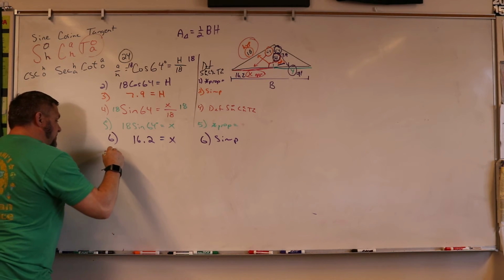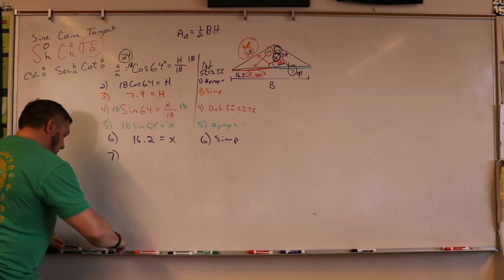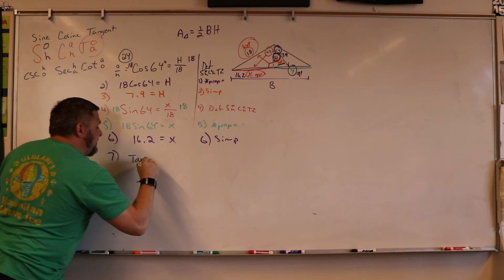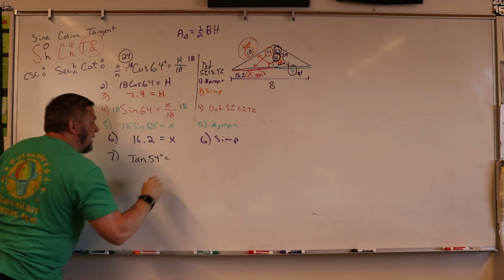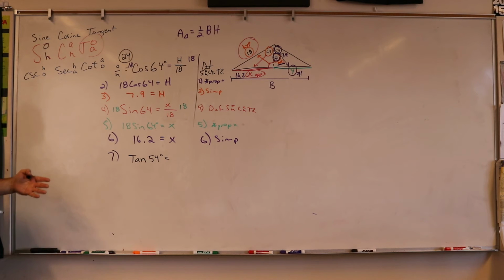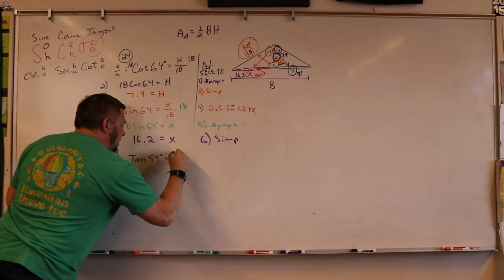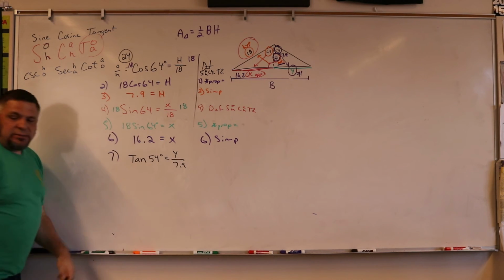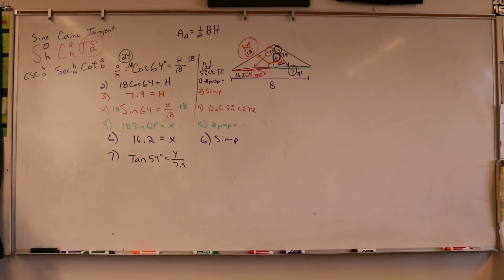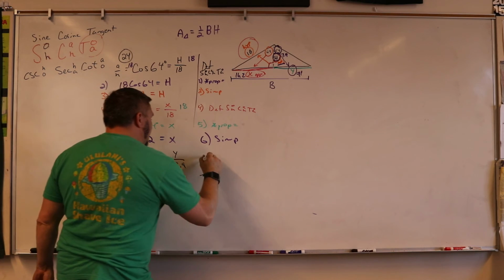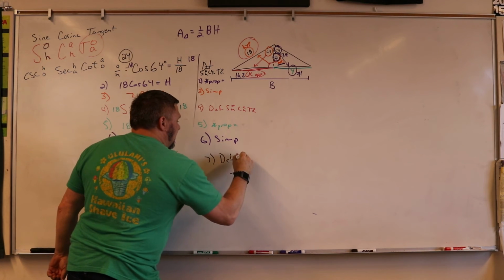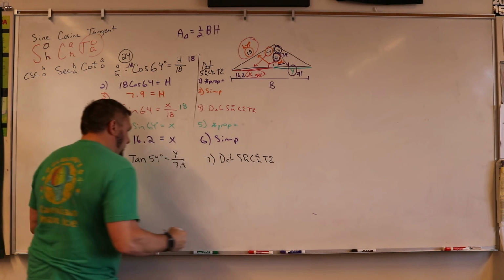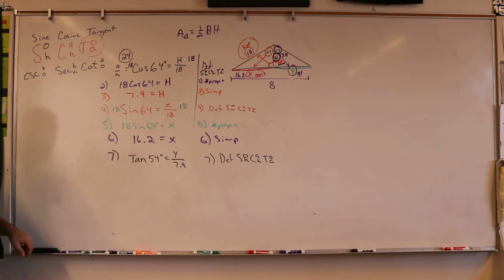Tangent. So step 7, let's use a different color. Step 7 is that the tangent of 54 degrees is equal to the opposite, which is y, over the adjacent, which is 7.9, right? Okay? And so that would be, again, definition of SOHCAHTOA. Alright?